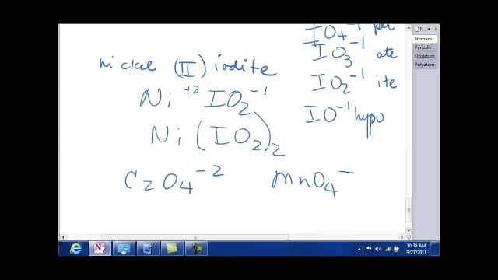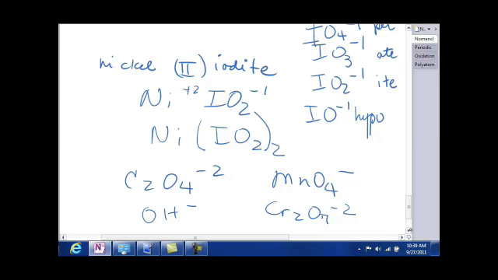Oxalate, hydroxides, dichromates, Cr2O7 minus 2. Okay, so if you are asked to learn every state in the United States, you probably go, I start with my southeast, then I go to my northwest, and I group it.